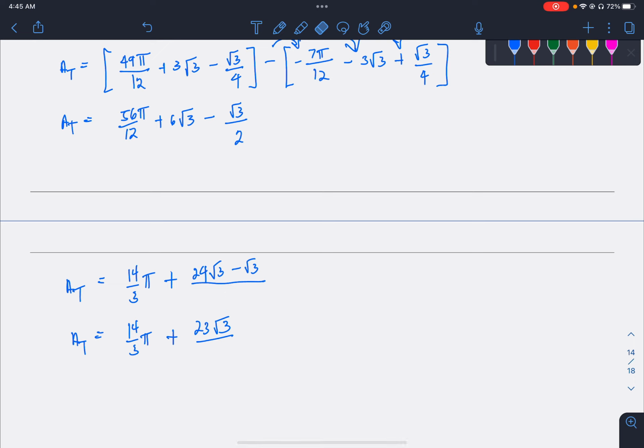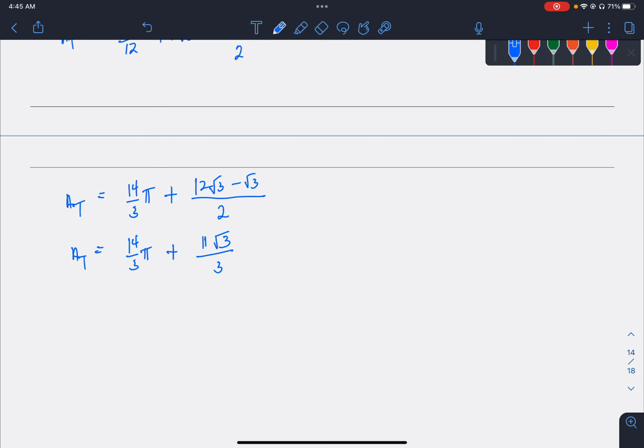So this should be 2, and then this would be 12, and 12 minus 1, that will be 11 over 3, which is the same as 24.187 square units.